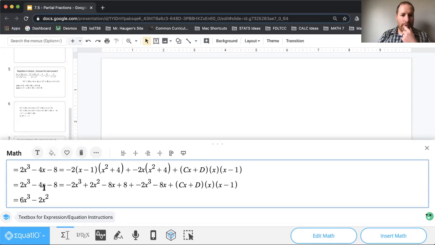Then 4x, 8x, 8x. We have negative 16x to add over there, which would make that a positive 12x. We have an 8 and a negative 8 here, so I suppose that would make negative 16 when all is said and done on that part.